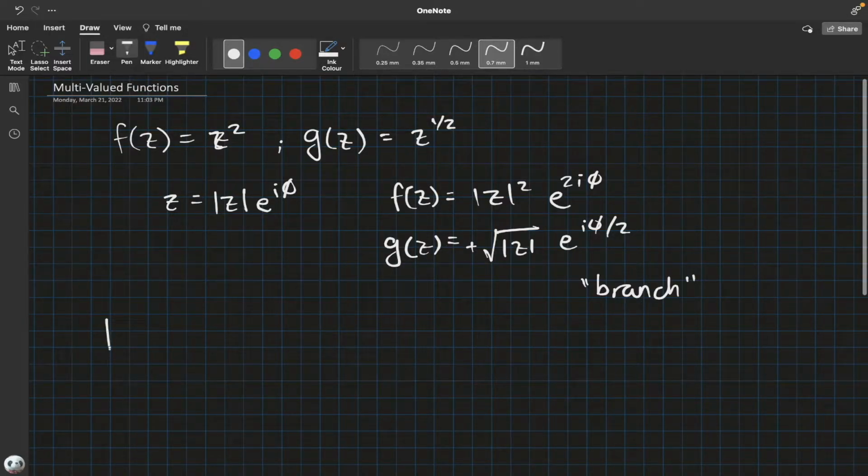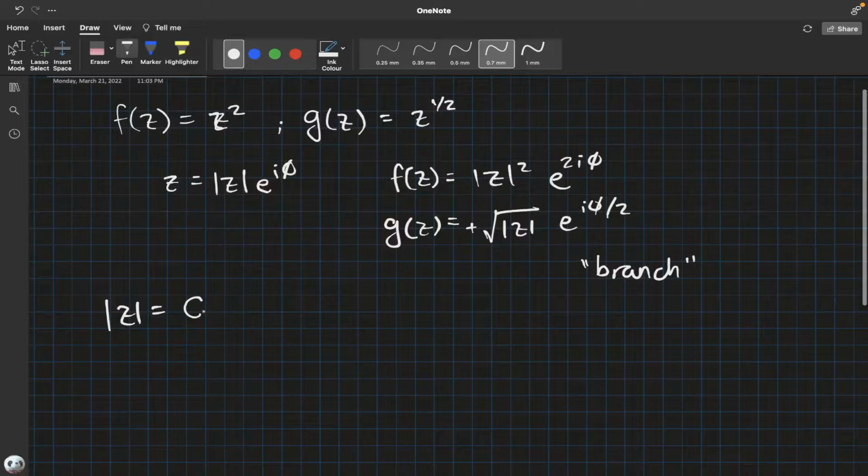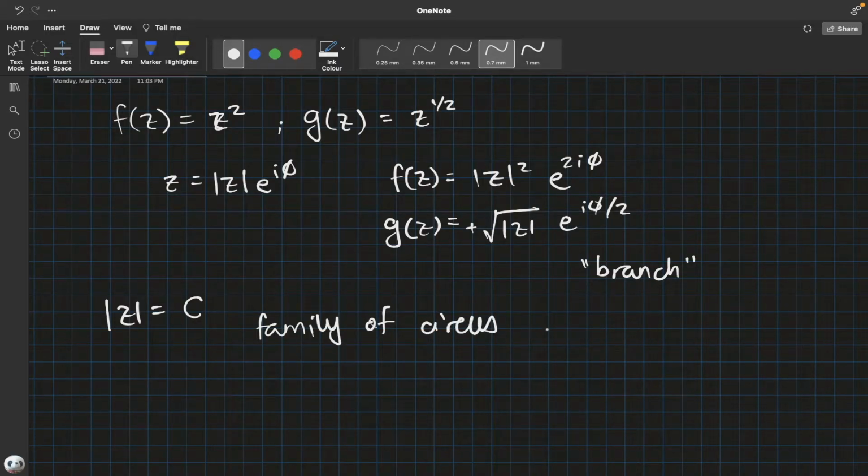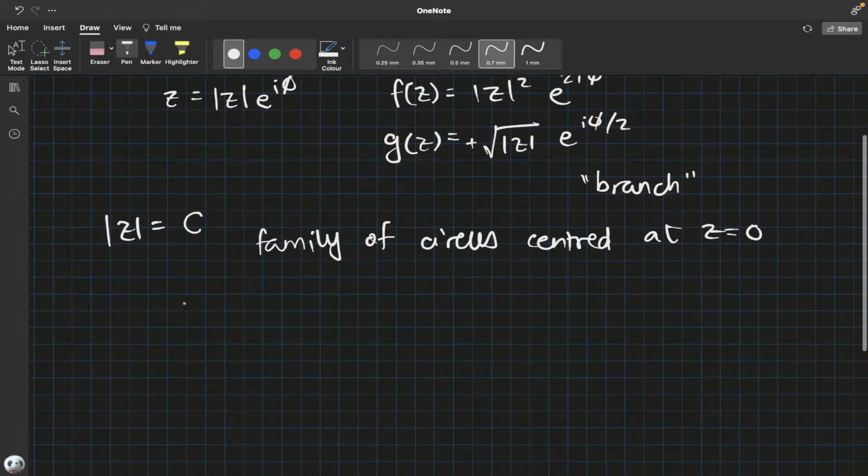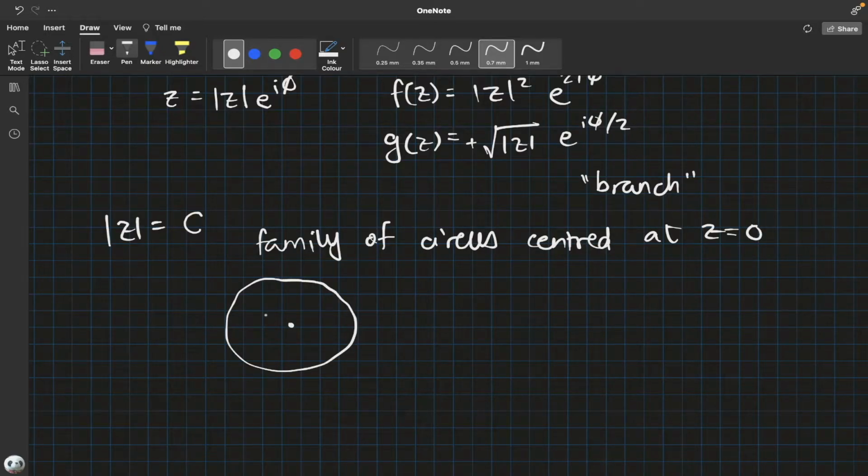So now what I want to do is I want to take a tour on this contour. Say a contour where the magnitude is a constant. So this is a circle, a family of circles, centered at z equals 0. Okay, so we're just going around here. This is z equals 0.